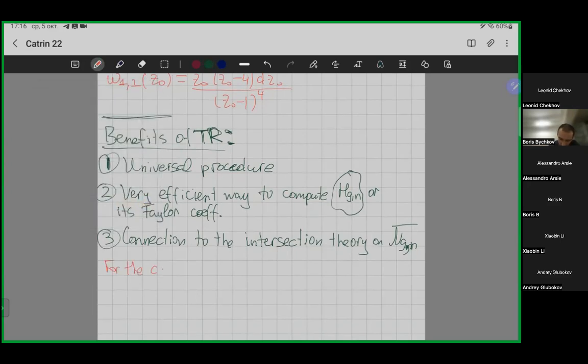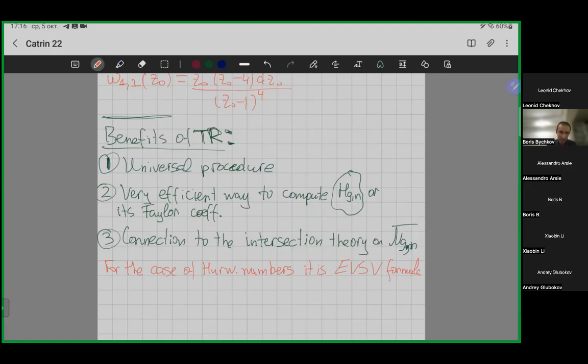For the case of Hurwitz numbers, it is the DLSV formula. Maybe I will not write it down here because it's a different story, but very interesting.